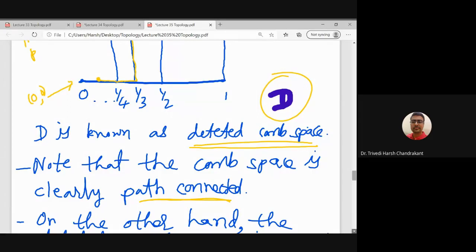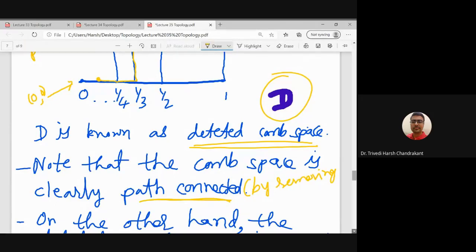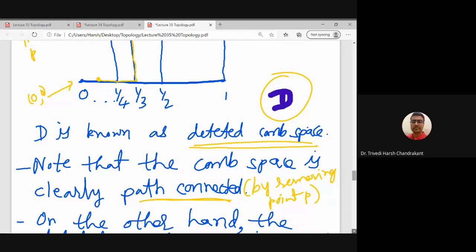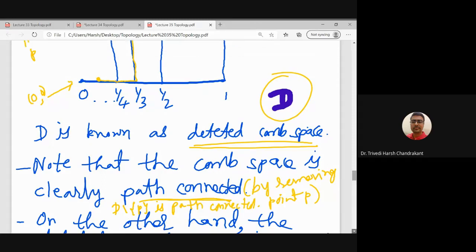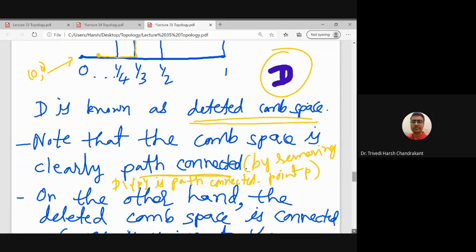Right? The COMB space is path connected by removing point P. So basically what we are saying is D minus P is path connected. And since D minus P is path connected, okay, so this is for actually this part.